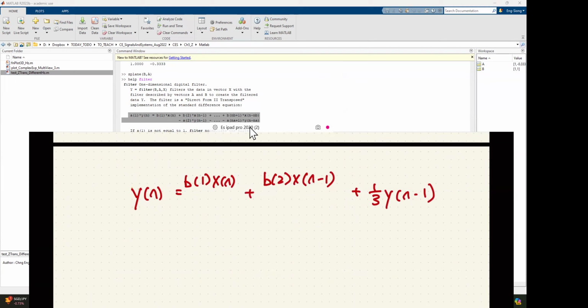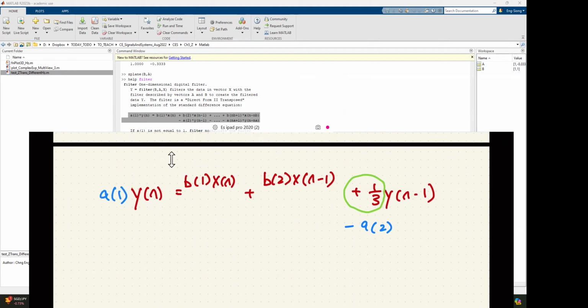So what's happening? I'm going to write here. This guy is supposed to be minus A2. Where is A1? A1 is sitting here.